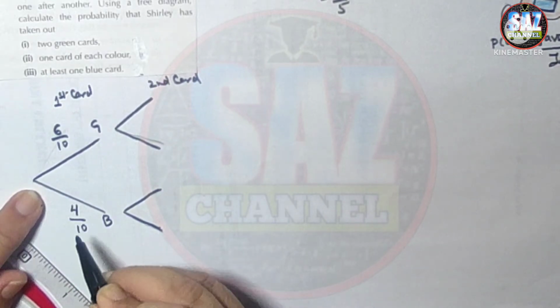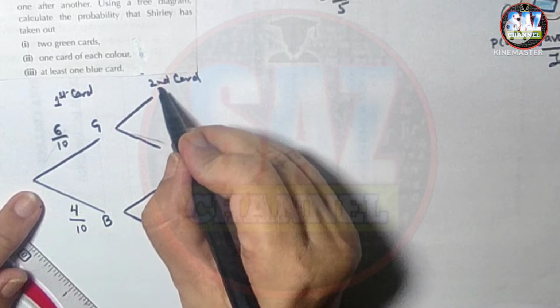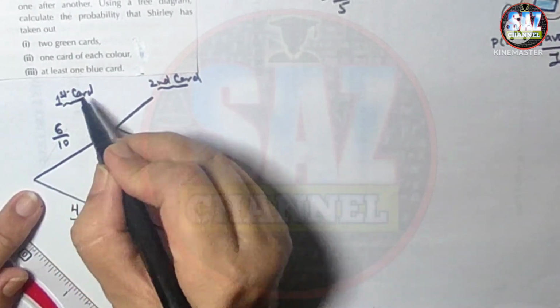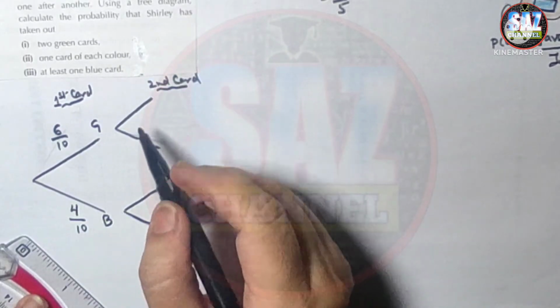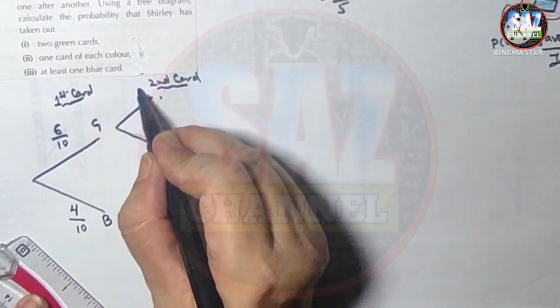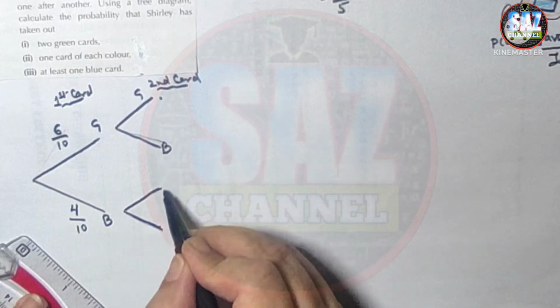And then on the second draw, the total will be green and blue, and this is again green and blue.